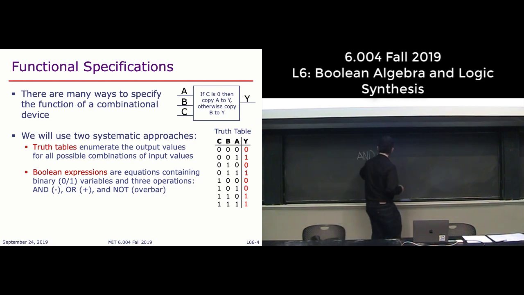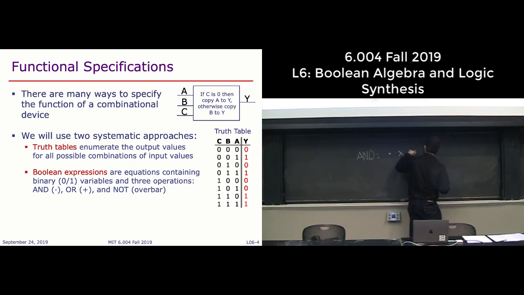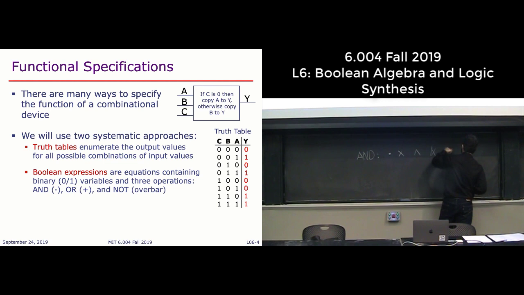So here we're representing and as a product. Some people represent it with X. You can represent it like this, or just like an and, or even 2 ands, right?